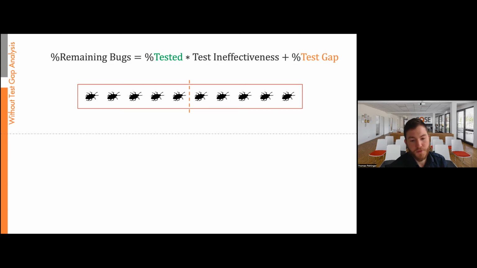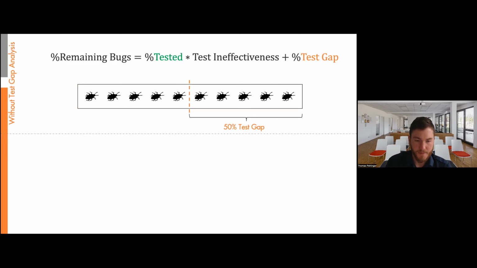In order to validate this, we talked to the developers of this system and asked if they know of any especially error-prone areas, because usually developers know if there is some sort of code that's always breaking, right? They couldn't tell us one, so uniform distribution of the bugs is at least somewhat justified here. So that means in these 50% untested code changes, there are 50% of the bugs for this release.